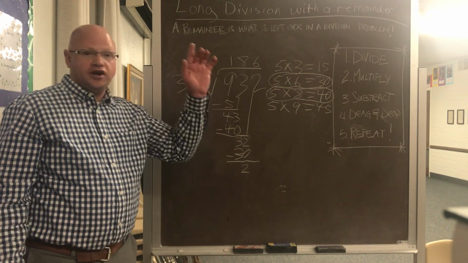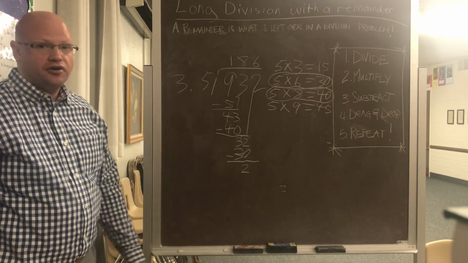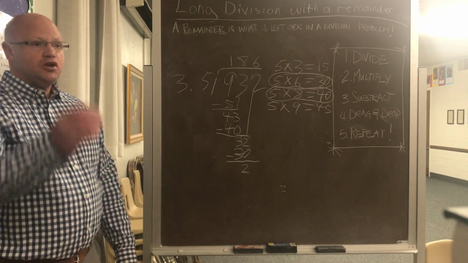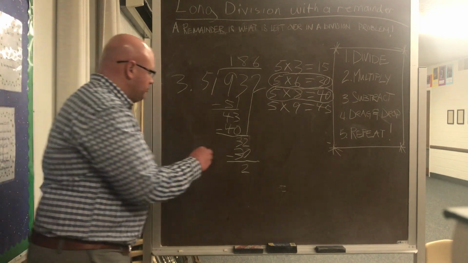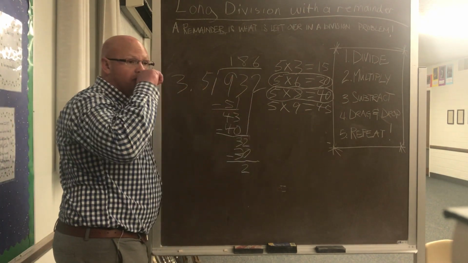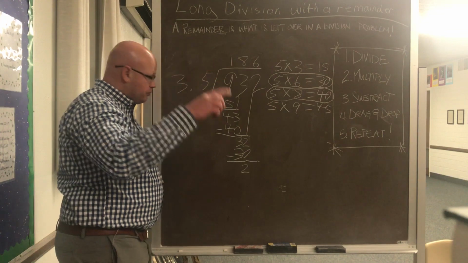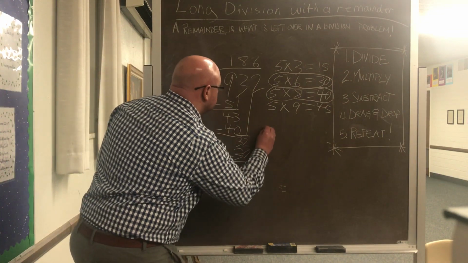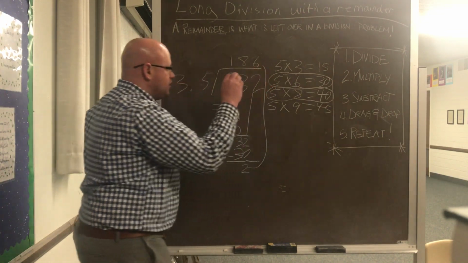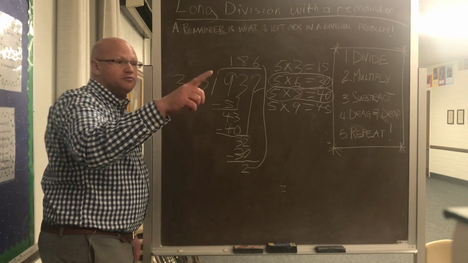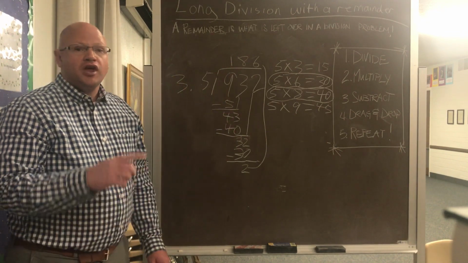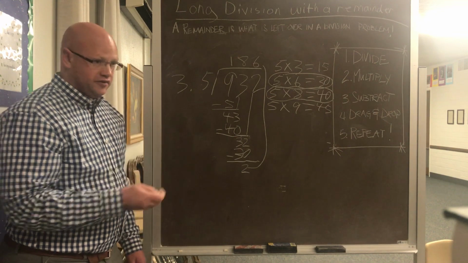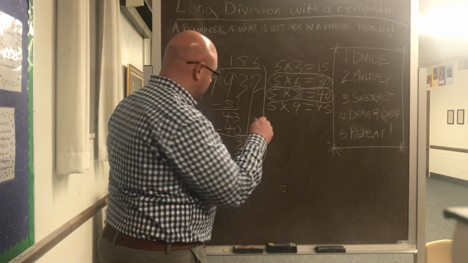How many of you agree that 2 is our remainder? Yep, you're right. 2 is our remainder. So what are we going to do, class? Yep, we're going to bring that 2 up here, and what does 2 become? It becomes our remainder. Yep, good job, class.